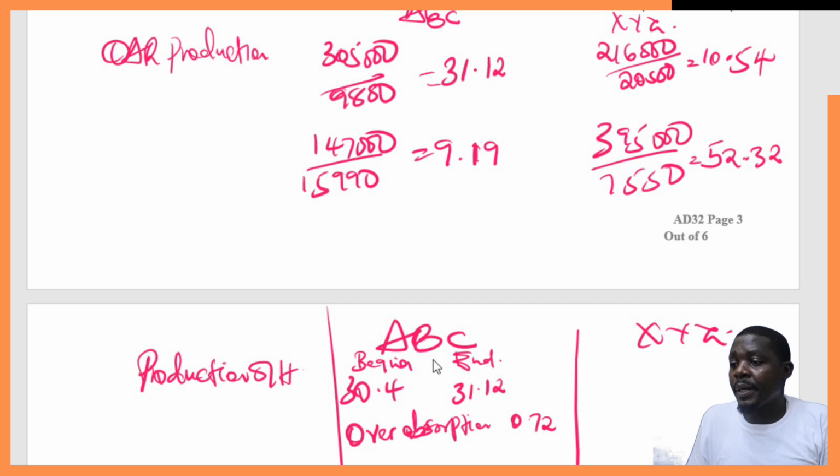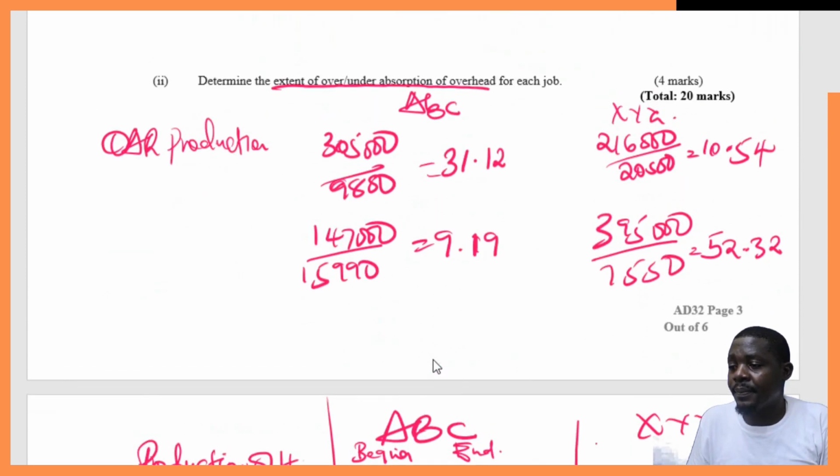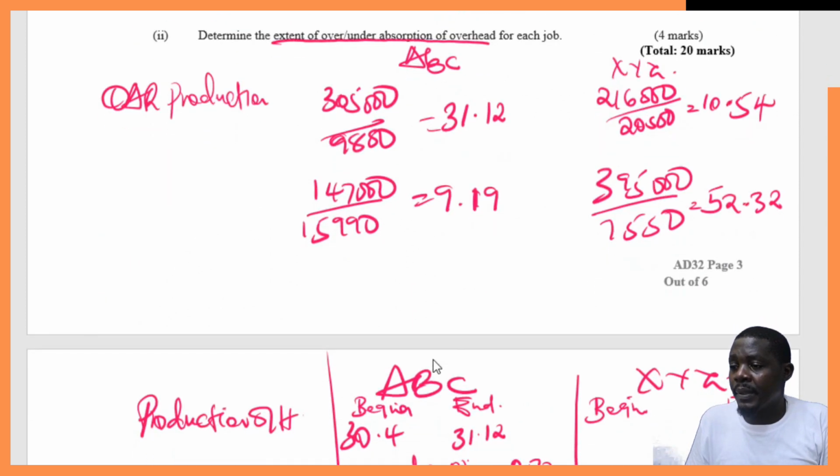What about XYZ? At the beginning we had 11. Then at the end it was 10.45.